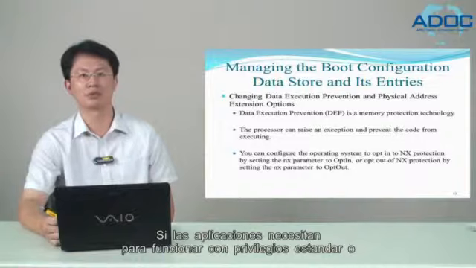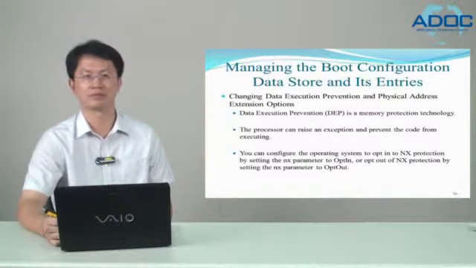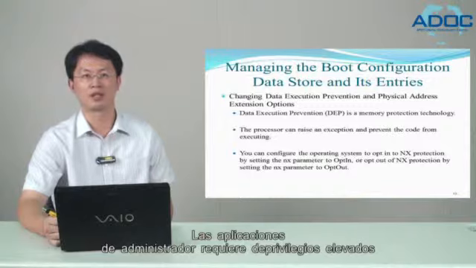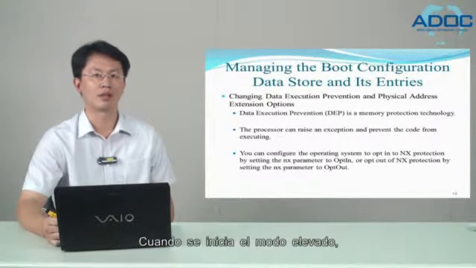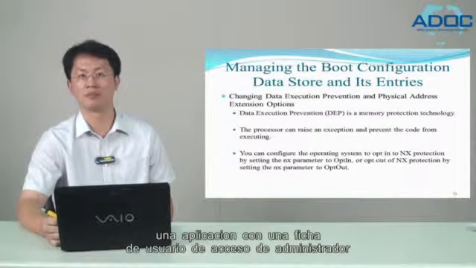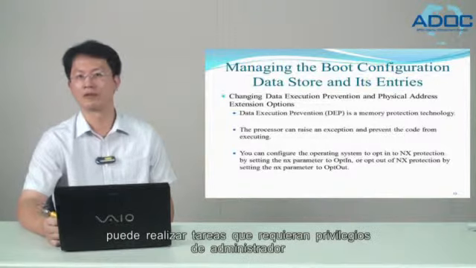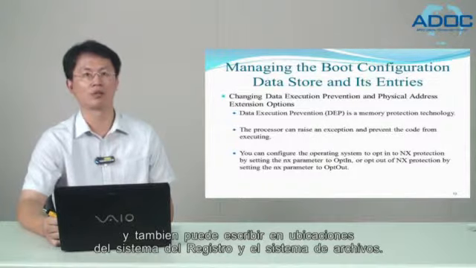Whether applications need to run with standard or administrator privileges depends on the actions the applications perform. Administrator applications require elevated privileges to run and perform core tasks. When started in elevated mode, an application with a user's administrator access token can perform tasks that require administrator privileges and can also write to the system locations of the registry and the file system.